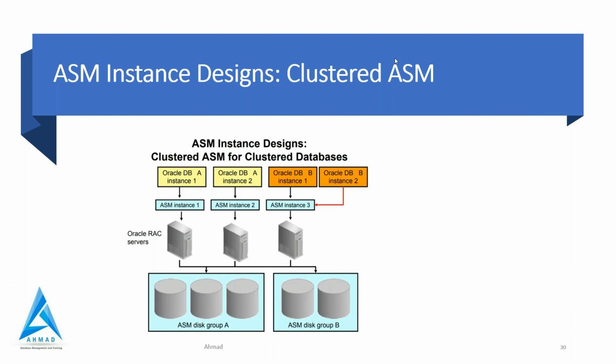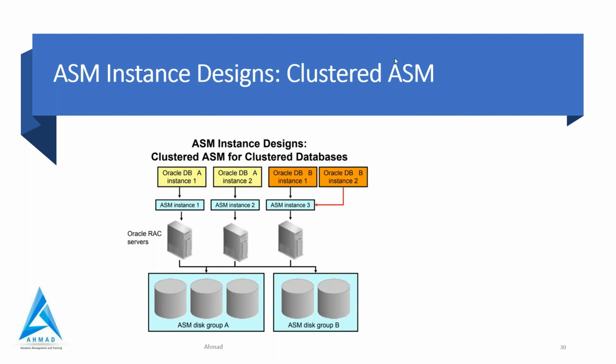It is not necessary for each node that is hosting a database instance to also host an ASM instance. In the figure you see that two RAC databases are there. Oracle RAC database A has instances on the first two nodes, and Oracle RAC database B has instances on the other two nodes, and they represent two distinct RAC databases.